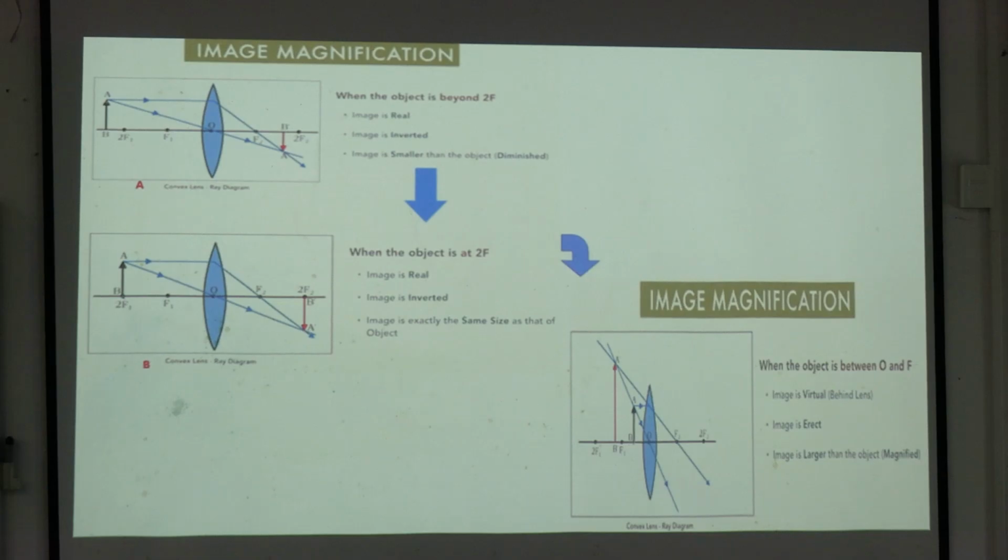That image is shorter, right? In the first case, it is a shorter image, and it is a real image and inverted.